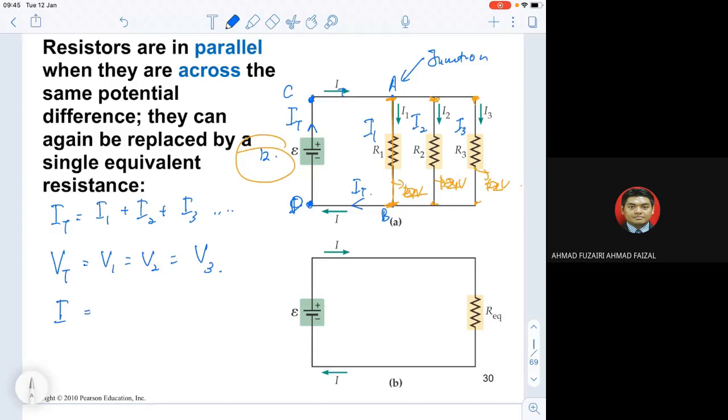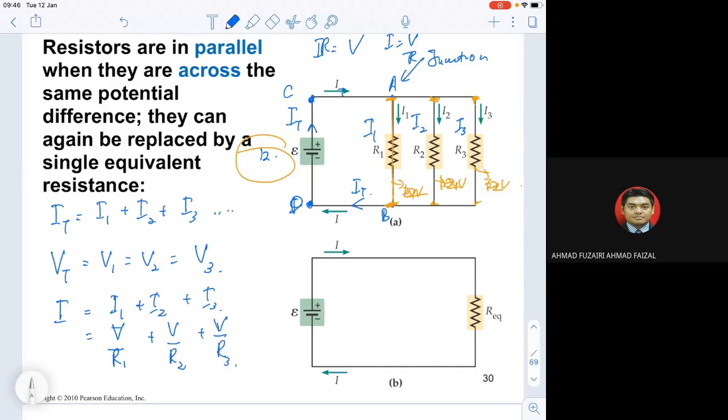I equals V over R. So we can have I1 plus I2 plus I3, where I1 is V over R1, plus V over R2, plus V over R3.